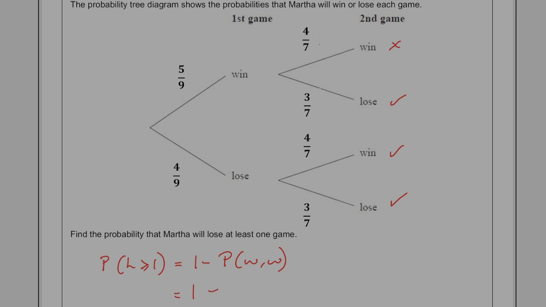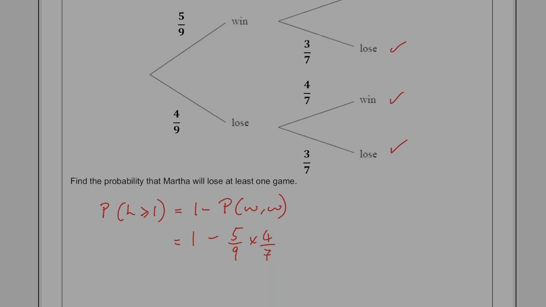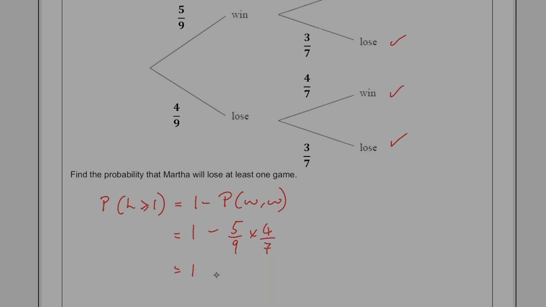So that's going to be 1 minus 5 over 9 times by 4 over 7, which becomes 1 minus 20 over 63, which will give us 43 over 63.